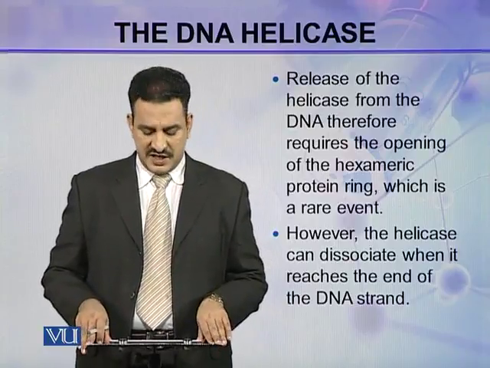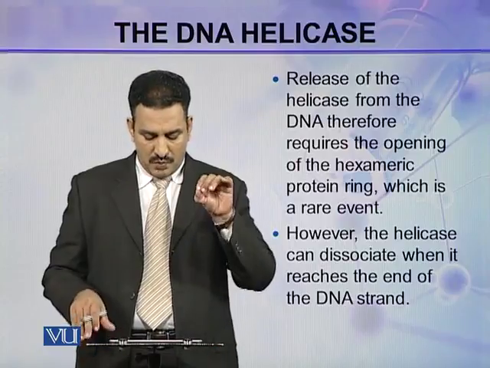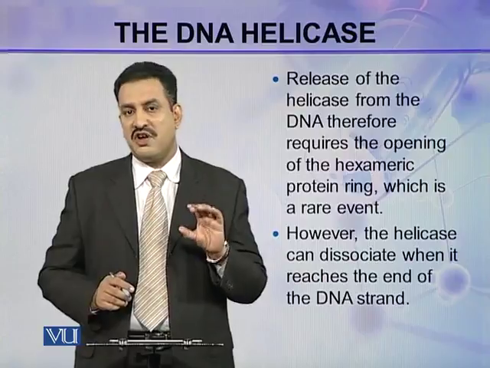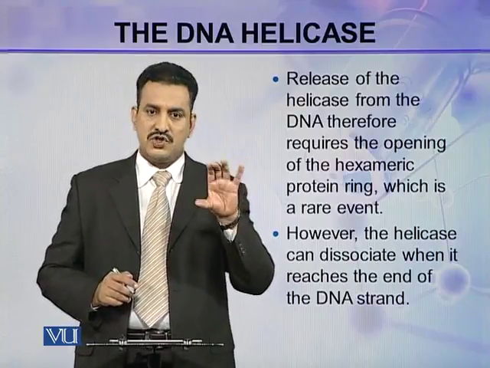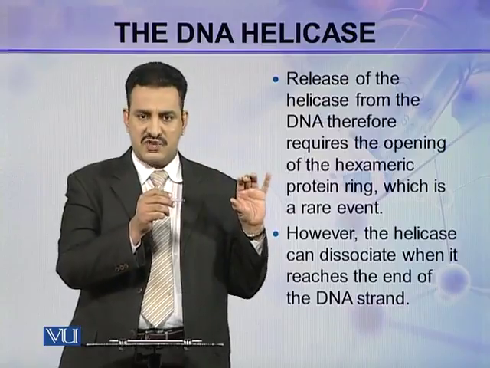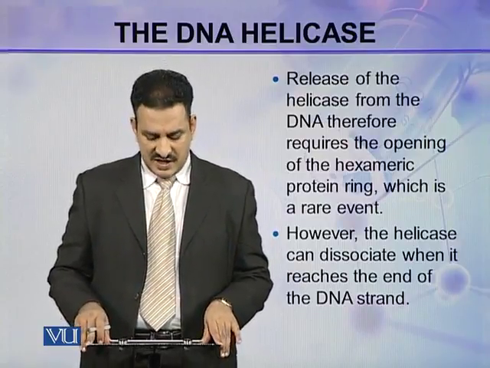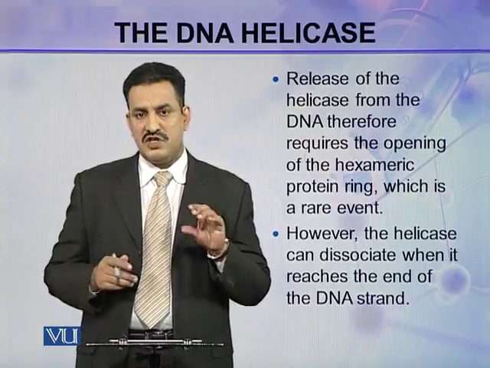Release of the helicases from the DNA therefore requires the opening of the hexameric protein ring, which is a rare event. This ring cannot easily be opened. If it is opened, it can release the strand, but it happens very rarely. However, the helicases can dissociate when they reach the end of the DNA strand.